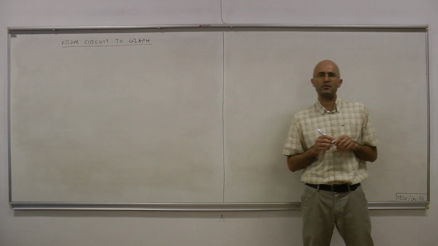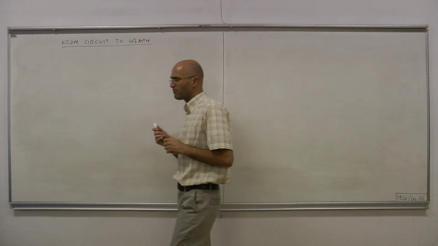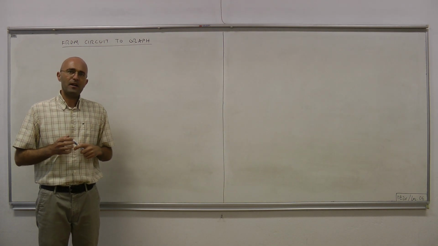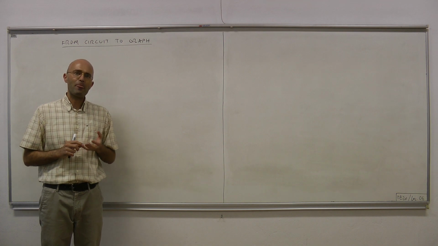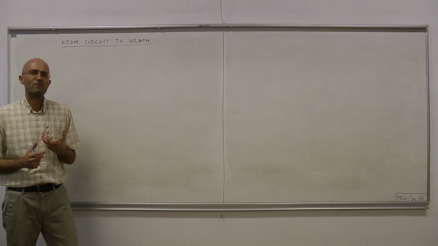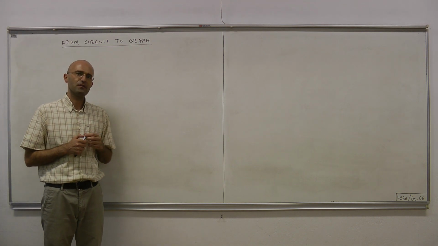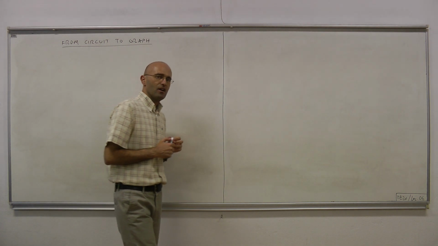Once we have the graph, we will be able to obtain the equations that are imposed on the circuit by KCL and KVL. And once we have the method to write down those equations in a systematic way, the rest will follow.